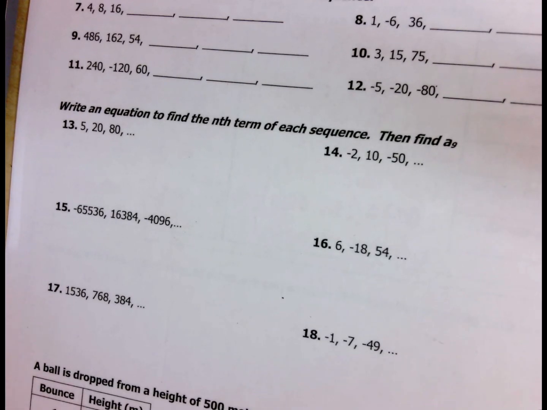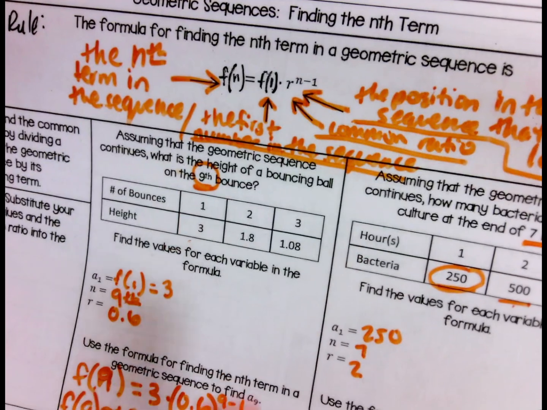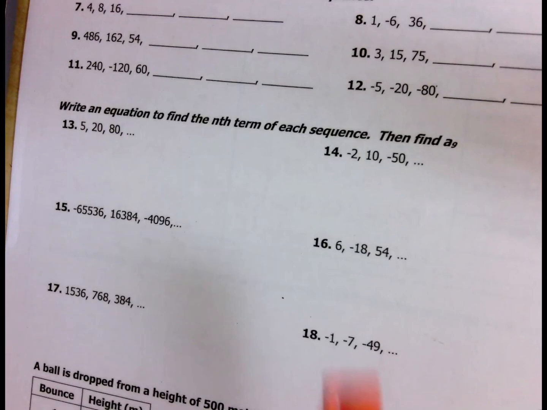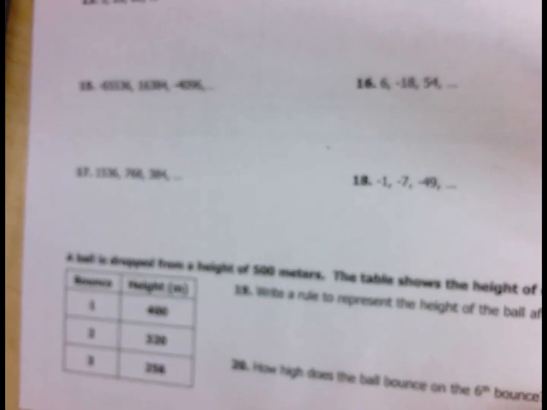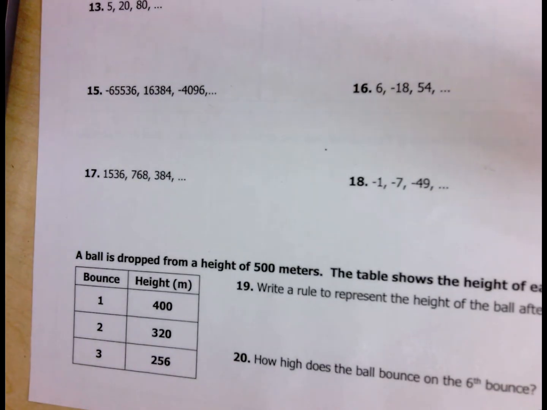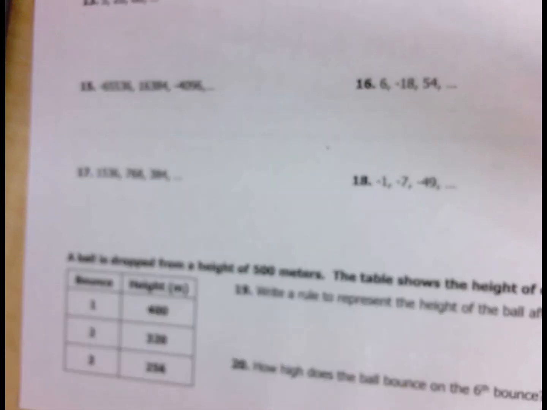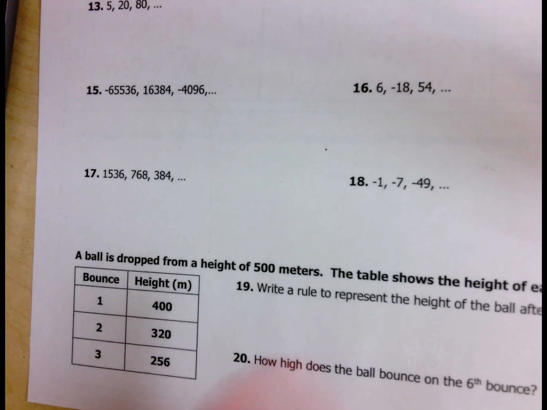So that is also on the back of that first sheet here at the bottom. You've got all of this about how to write the equations. All of that is there. And then 19 and 20 are an example of a word problem. But you can also work those out the same as you did on numbers 13 through 18.